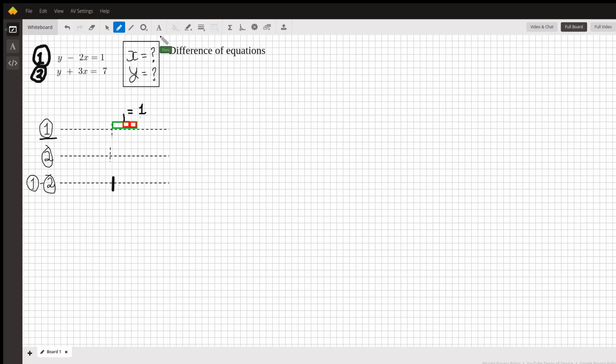Now I'm going to visually represent equation 2, and you're going to see why taking the difference of these two equations will end us up being able to calculate the value of x. So here we go. I'm going to draw a green rectangle for y, same size, because we don't know what y is, whether it's positive or negative, but it must be the same size.